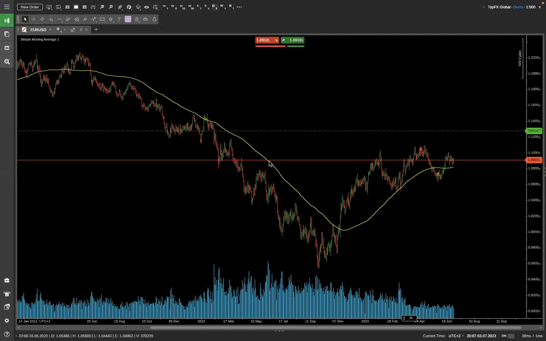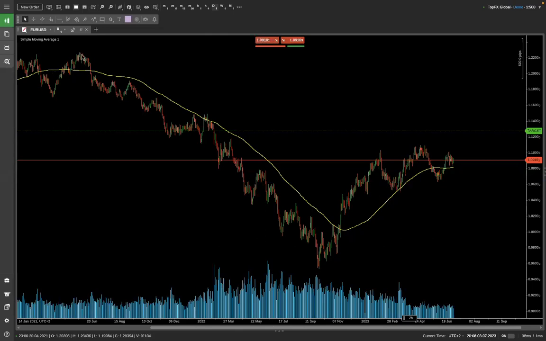For example, you can use the single moving average like I do here, a 100 periods moving average, on a chart to determine if the market is trending up. That means the price is consistently above the single moving average line, like here, or the market is trending down if the price is below the moving average line.